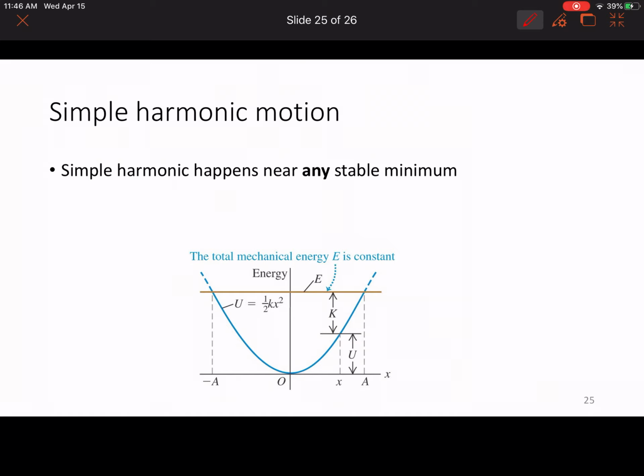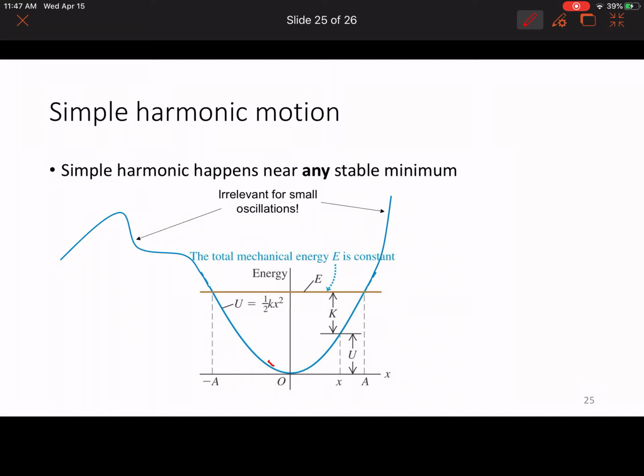And the key point here is it really doesn't matter what's happening very far from that stable equilibrium. So here I plotted out the potential energy curve of a spring, 1/2 kx squared, and it's a beautiful parabola out to infinity. However, it wouldn't matter if at some point that spring goes off crazy and does some crazy potential energy curve like that.